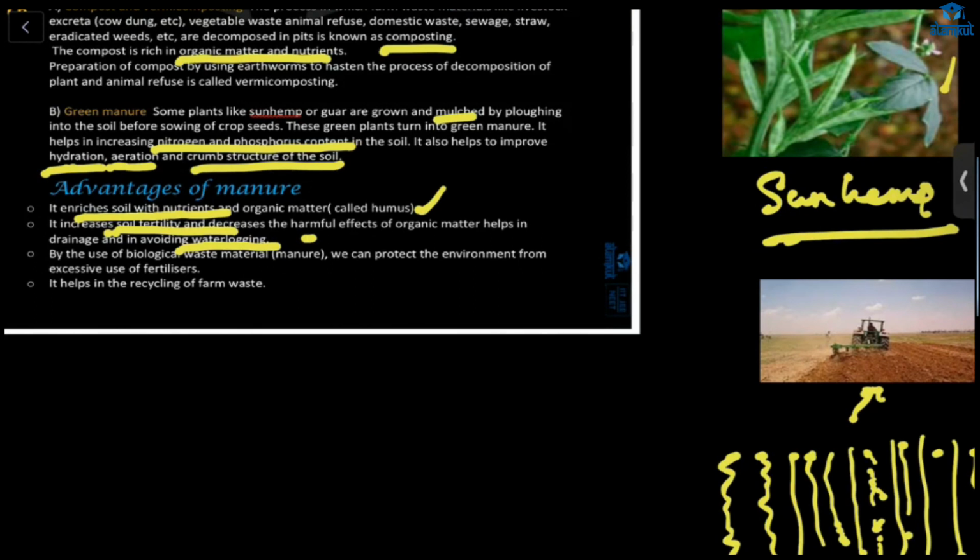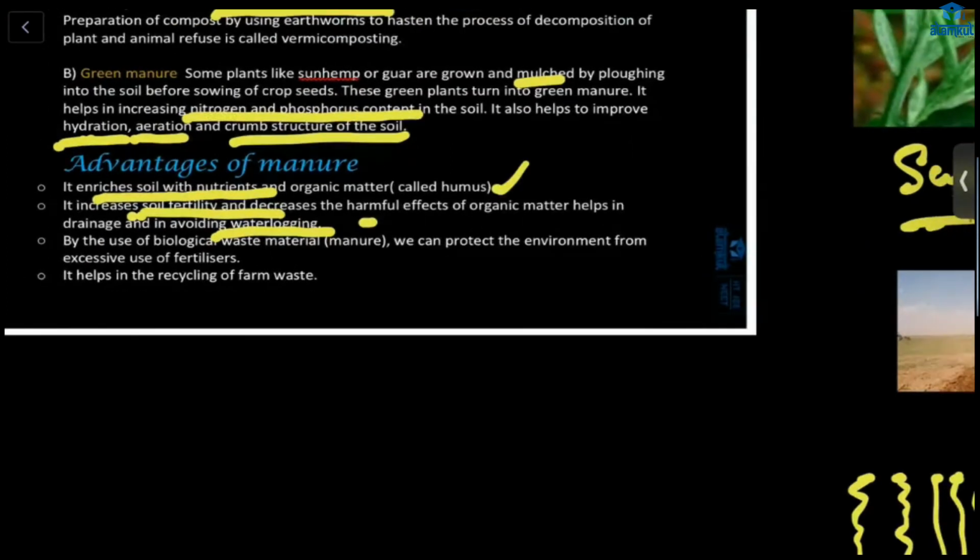The aquatic organisms living in the water bodies, what will happen? They will get affected, right? And because we are eating the fishes and all that, we will also be affected. So the use of manure will protect the environment from the excess use of fertilizers or chemicals.